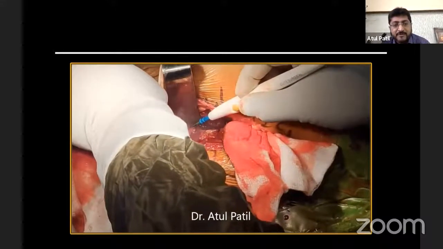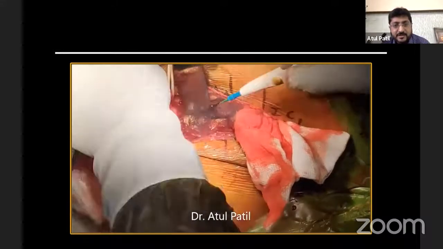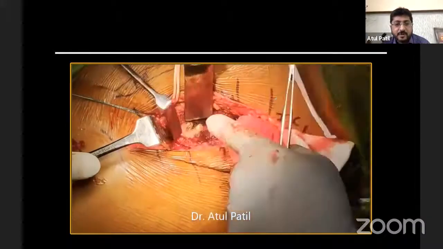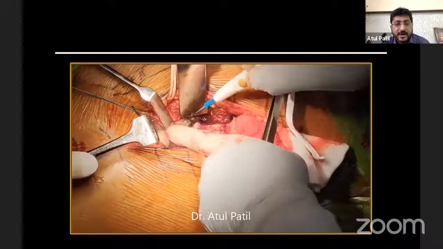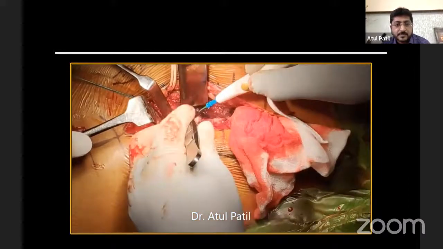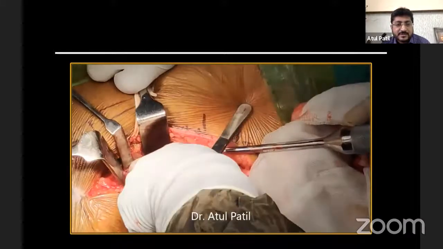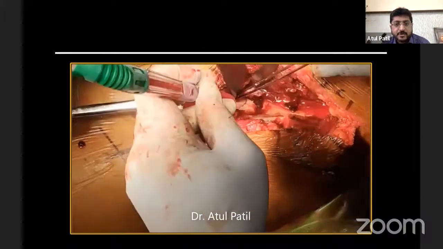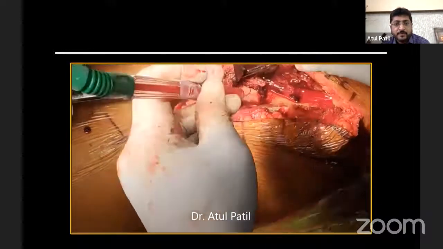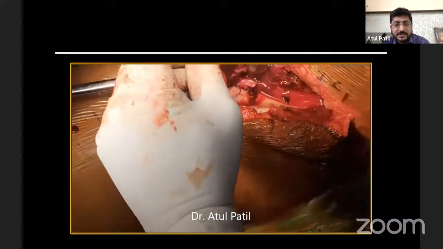And once you have exposed the AIIS, you will directly land up at around 12 o'clock at the hip. Once AIIS is exposed, you will now search for the iliopectineal eminence.